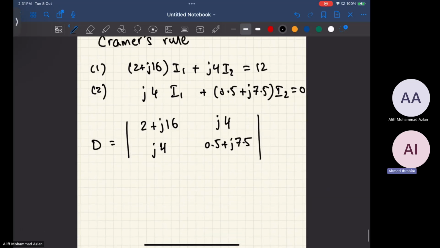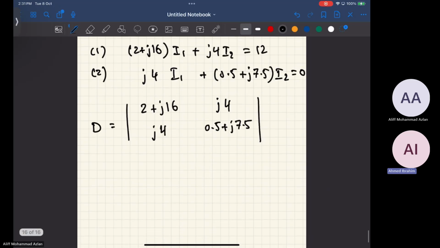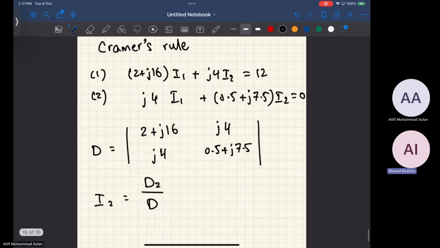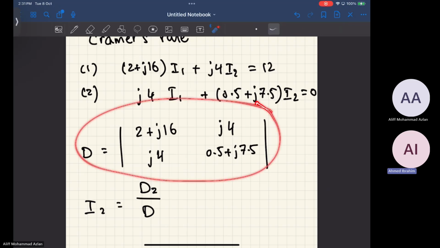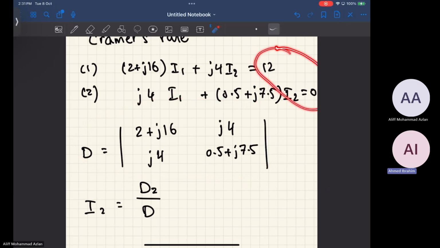And then let's say we want to calculate the value of I2. That's just dividing a determinant D2 by D, where D2 is similar to this D, except we substitute the column or the variable we're interested in with the values on the right-hand side.